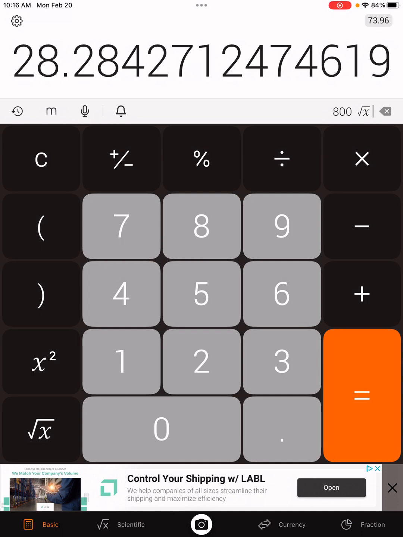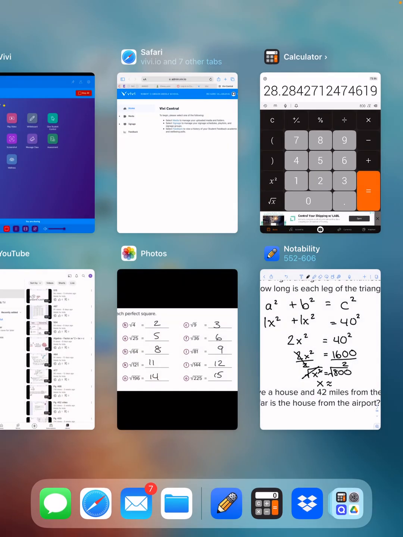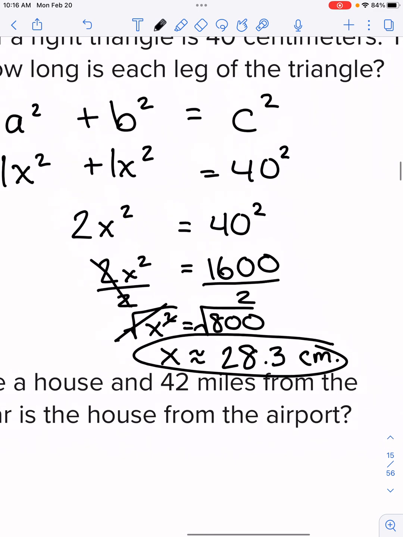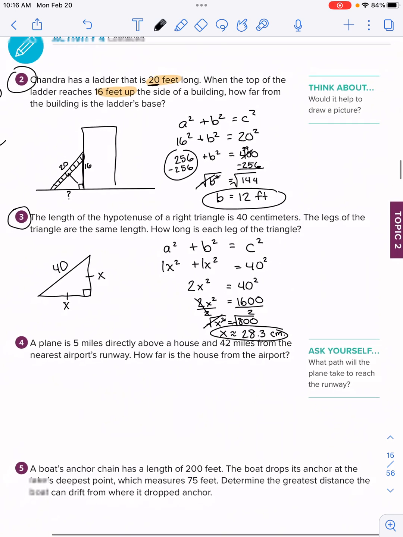Right, 5 or more, raise one more. So this will be 28.3. Does it give us a unit there? Oh, centimeters. So that's how long the legs are: 28.3 centimeters when the hypotenuse is 40 centimeters.